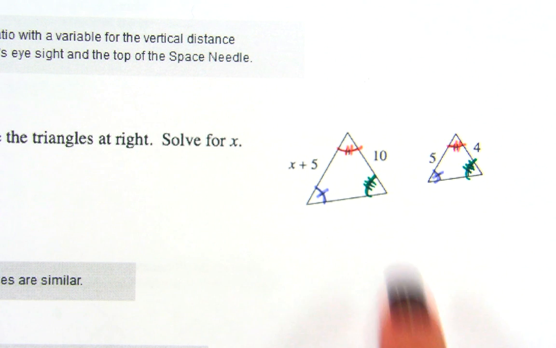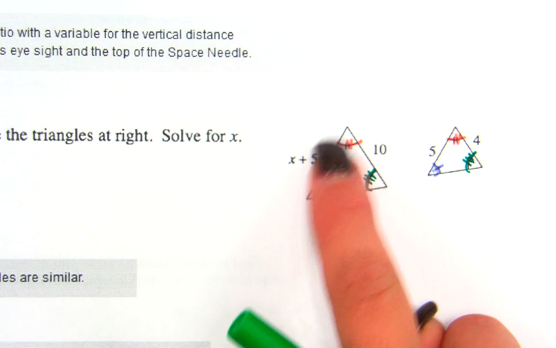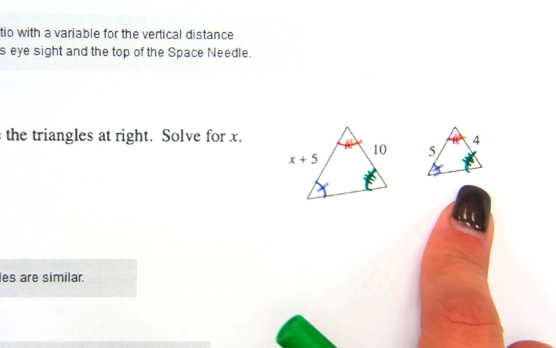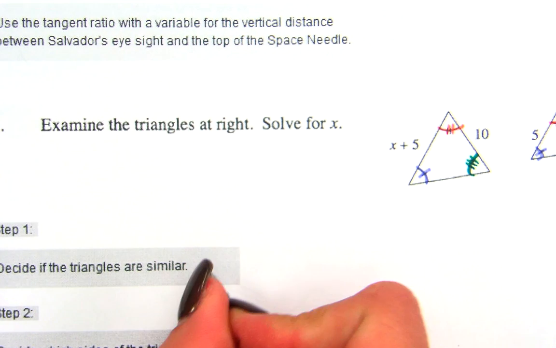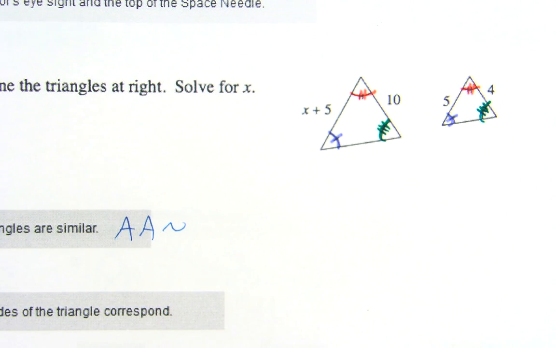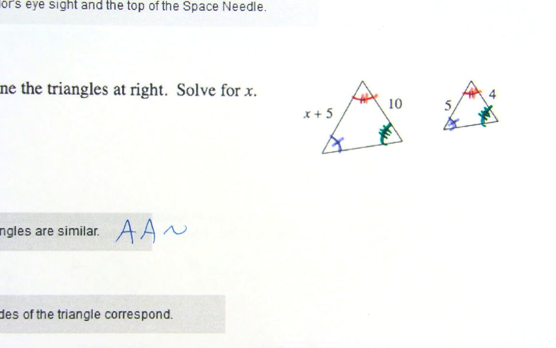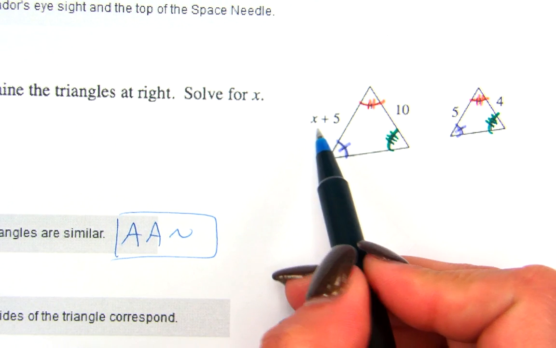The only pieces of information that you have here that you know are concrete is the fact that all three angles are equal. So they are similar because of angle-angle similarity, okay? Not because of side-angle-side. Just because the sides are labeled and an angle is in between them, that doesn't make it similar until you know for a fact what x is.